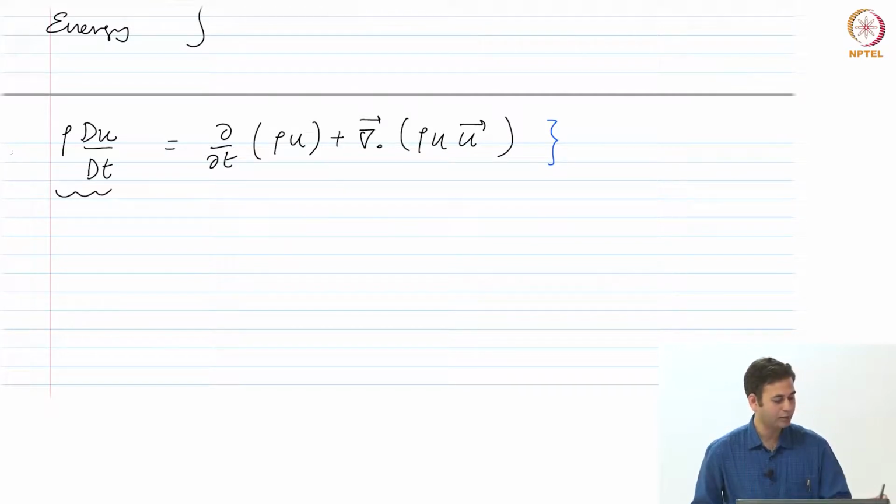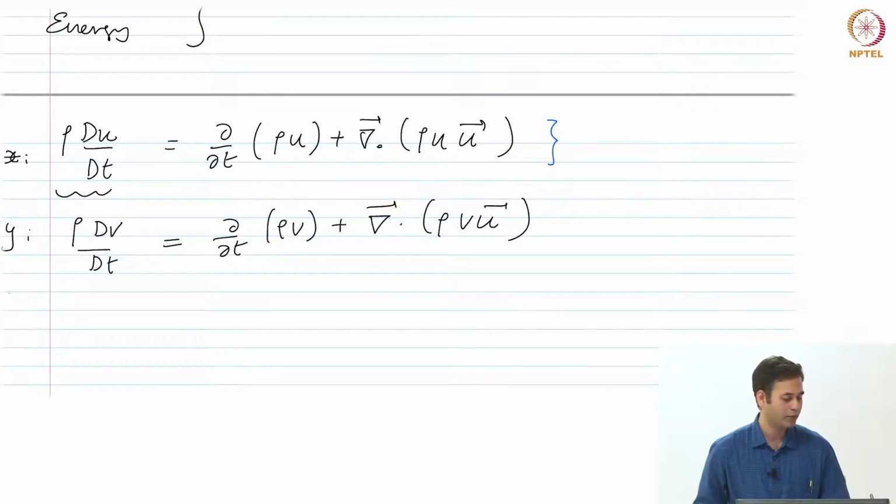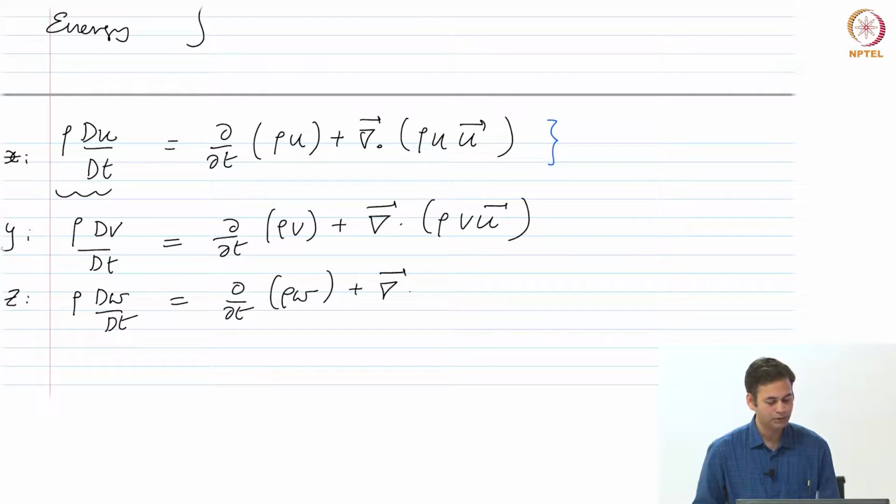Now similarly, the y component would be rho dv/dt. So this is nothing but partial t of rho v plus del dot rho v u bar. That is your y component, and the z component is rho times dw/dt equals partial t of rho w plus del dot rho w u bar.